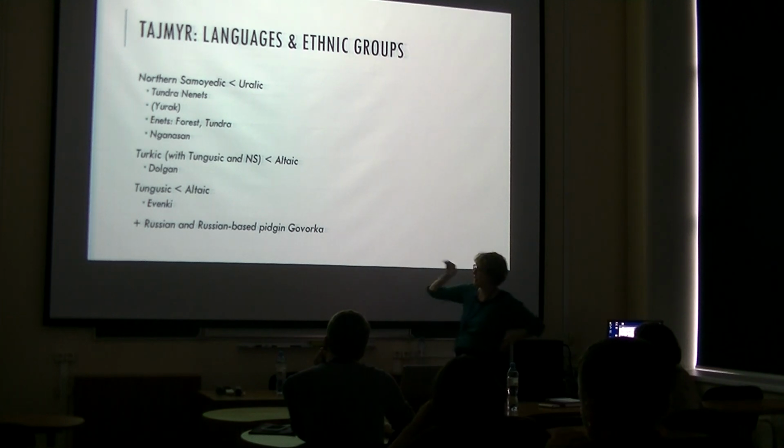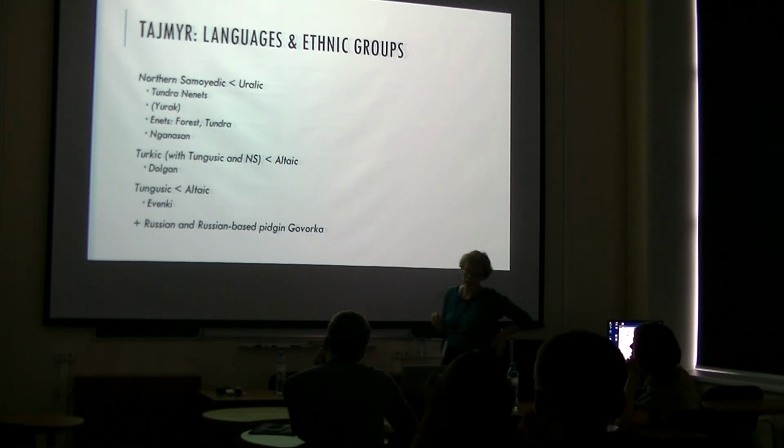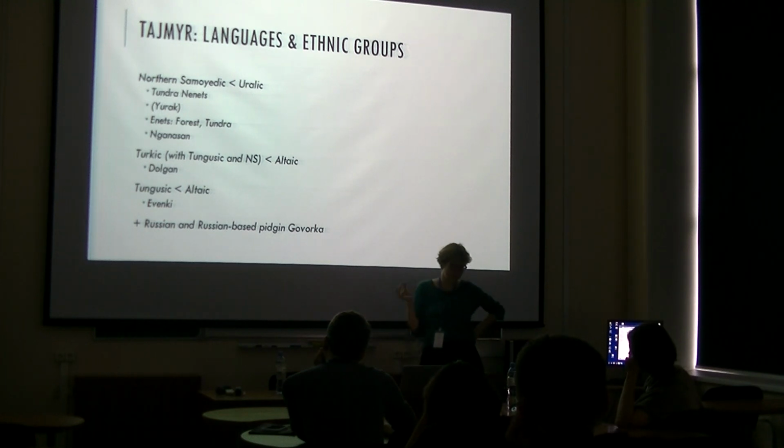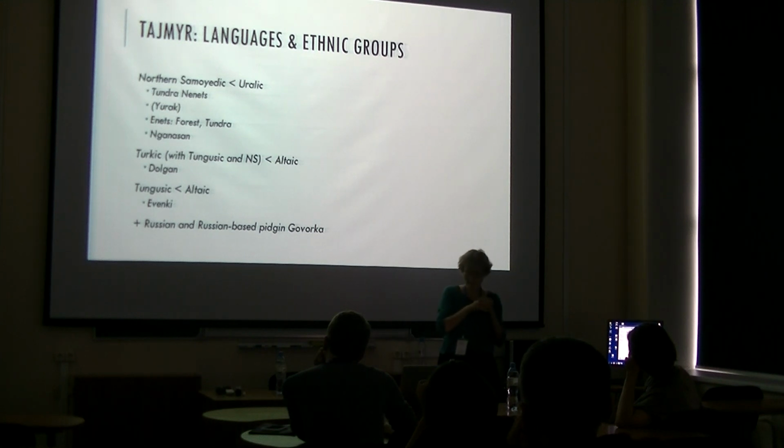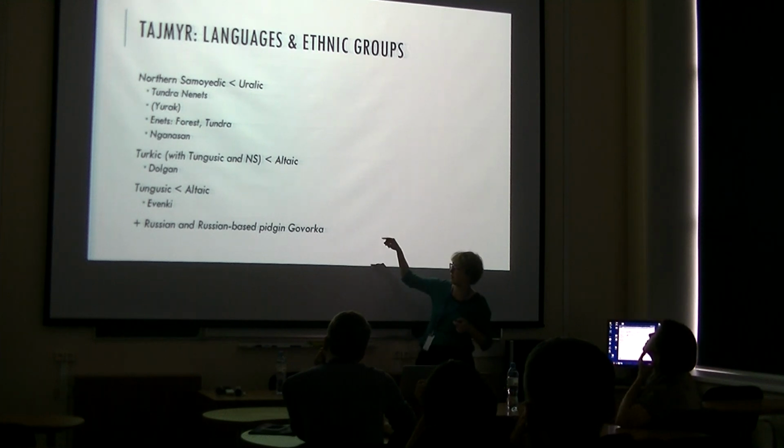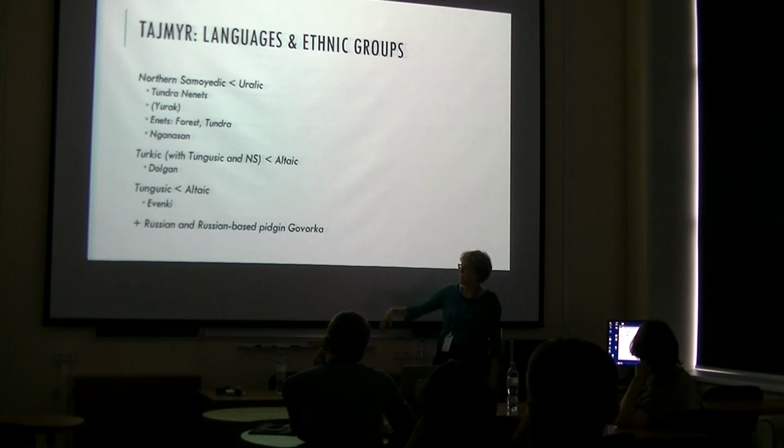And then we have Evenki language at the very south of Tajmyr. And actually, if we speak about today, the Evenkis are definitely the smallest ethnic group, given their language. So they basically all were assimilated by the Dolgans, or went away to the south, and they're not in Tajmyr anymore.